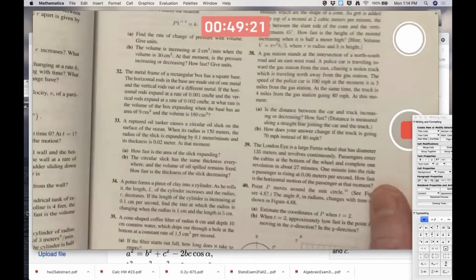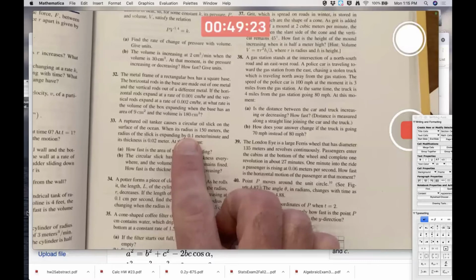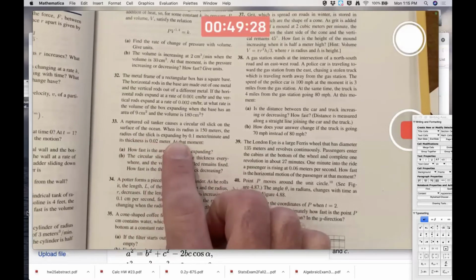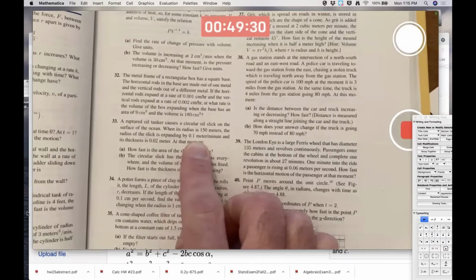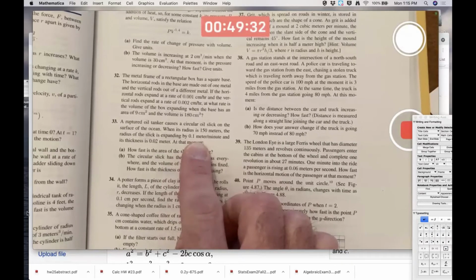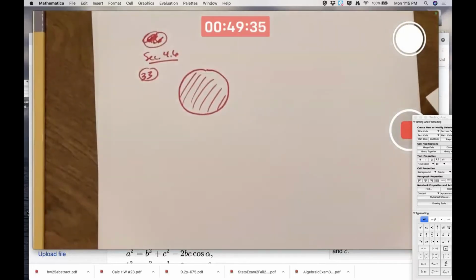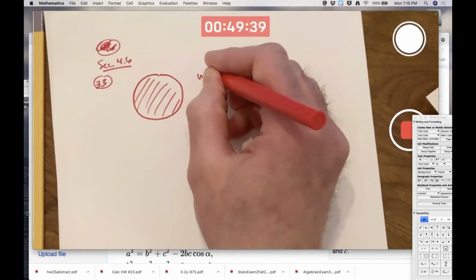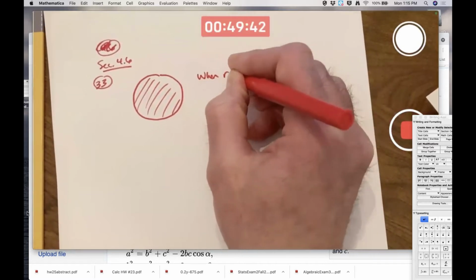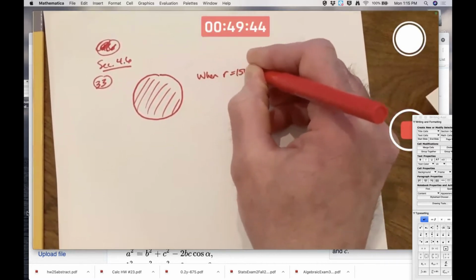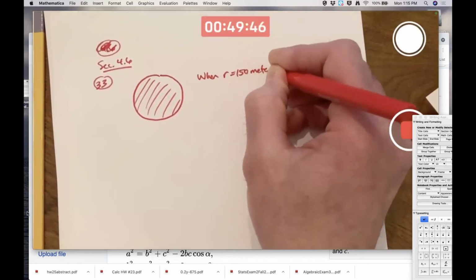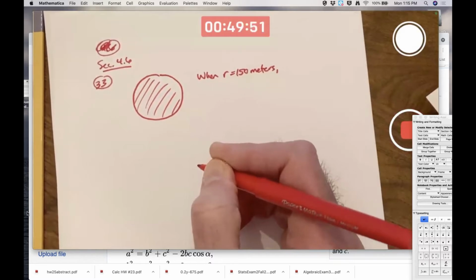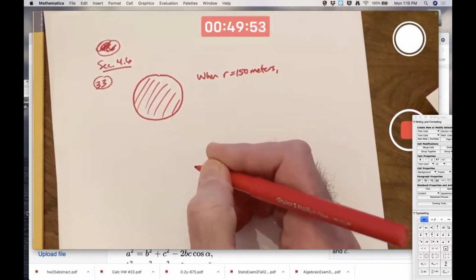So again, what does it say? Let's write down this information. When the radius is 150 meters, the radius is expanding by 0.1 meters per minute. Let's just focus on that first. When r, the radius, is 150 meters, the radius is expanding by 0.1 meters per minute.